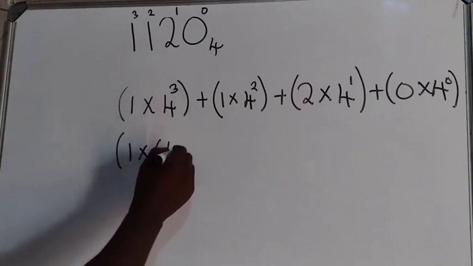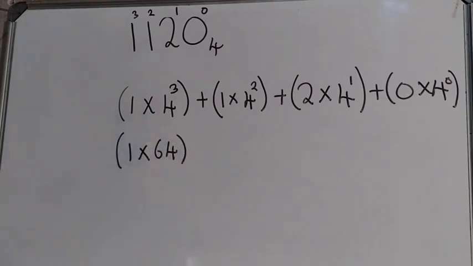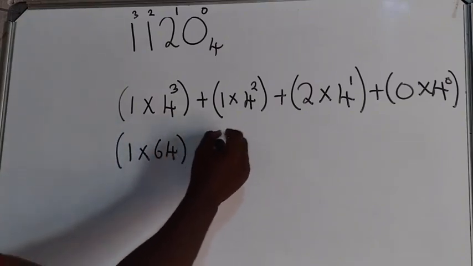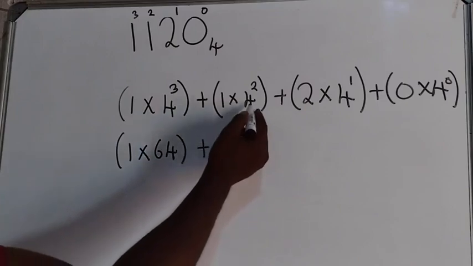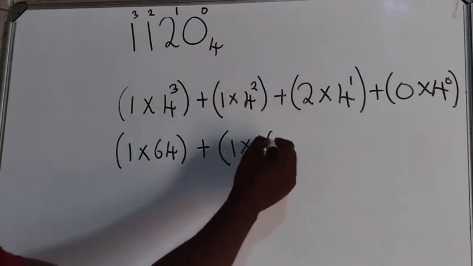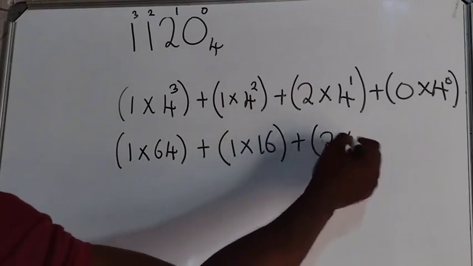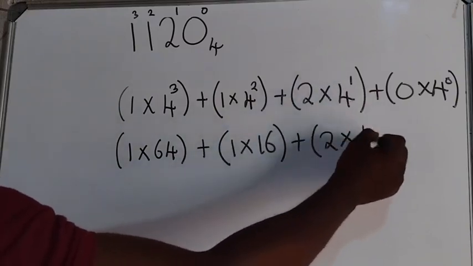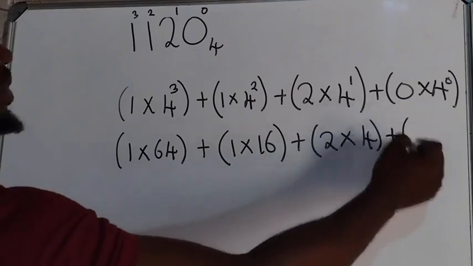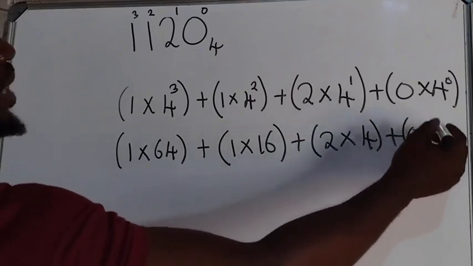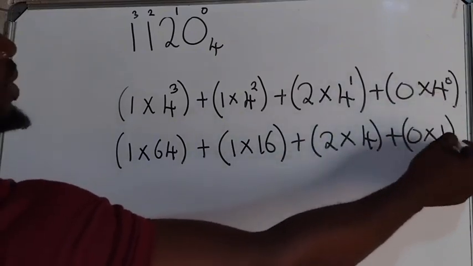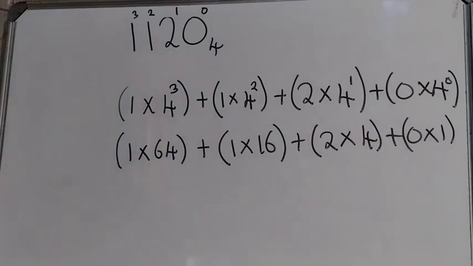It's 64, because 4 times 4 times 4 gives us 64. Plus 1 times 4 raised to the power of 2, to give us 16. Plus 2 times 4 raised to the power of 1, it's 4. Plus 0 times 4 raised to the power of 0, it's 1.